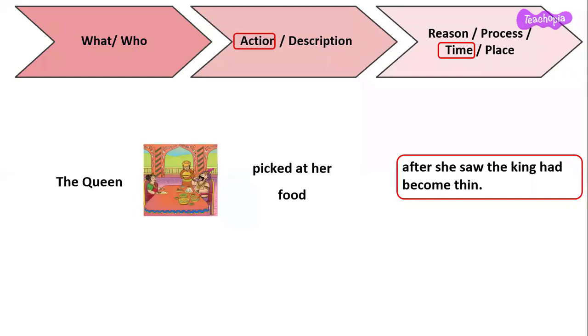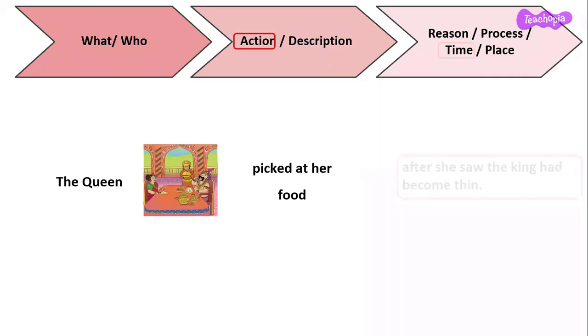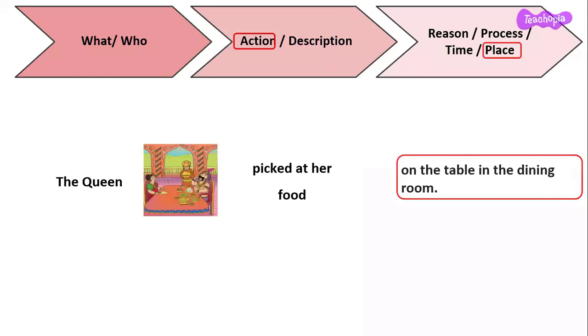So my sentence will be, the queen picked at her food after she saw the king had become thin. Finally, if I want to add information regarding the place or where this activity took place, I will add the information on the table in the dining room. So my sentence will be, the queen picked at her food on the table in the dining room.